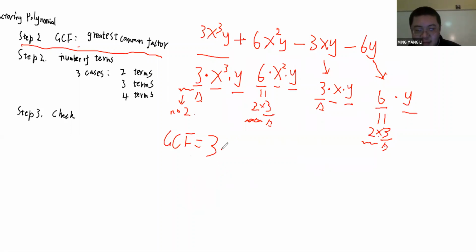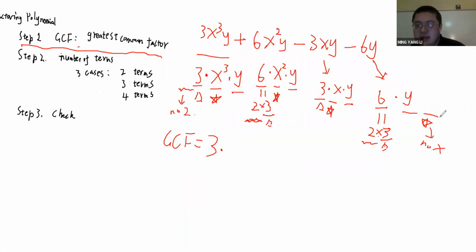Next, let's check the variable part. The first variable we have is x, which I'll mark with a star. But in the last term, there is no x.